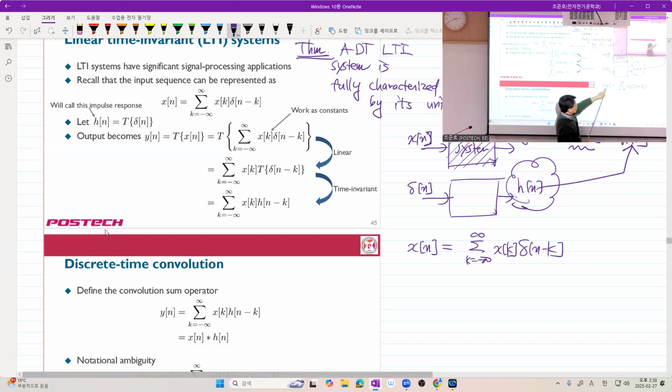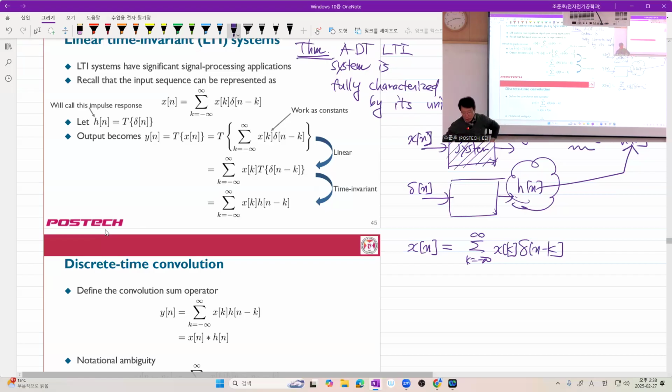See that? This is a function of n, and this is a function of n, where the unit sample is located at time k, and its height is x[k]. And we sum, right? If you have no idea about this, read the textbook carefully, okay? The textbook explains that in great detail.